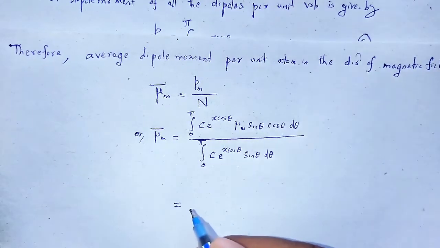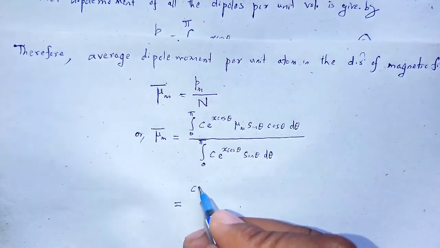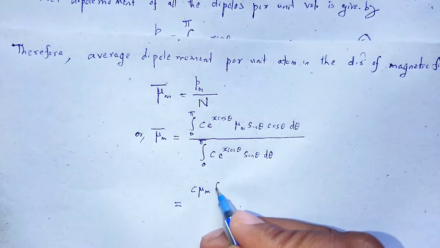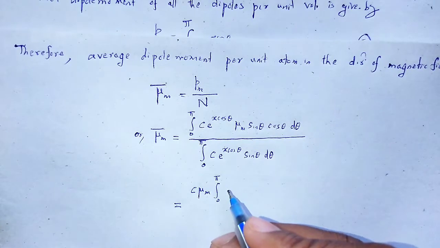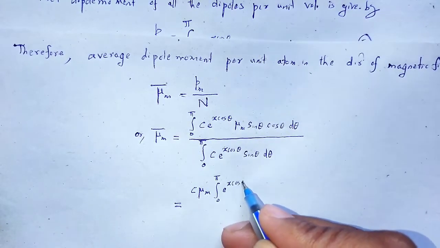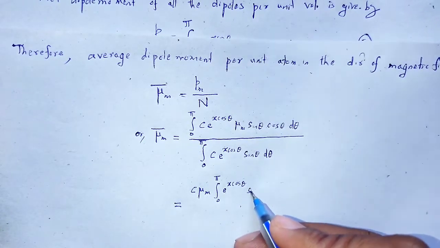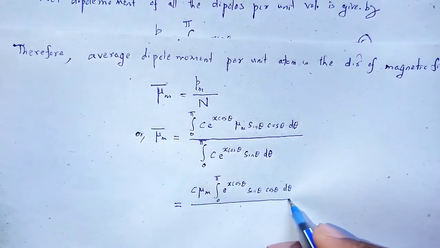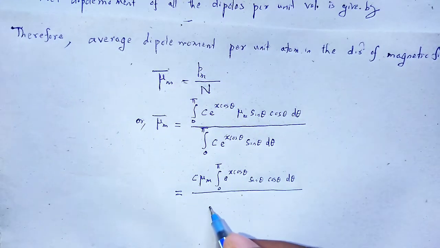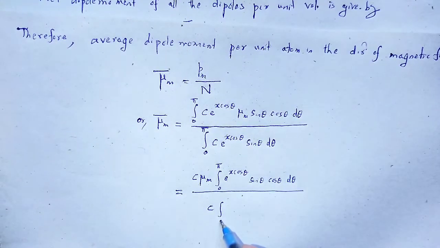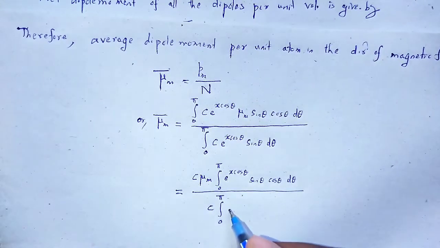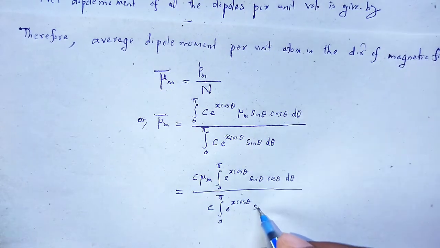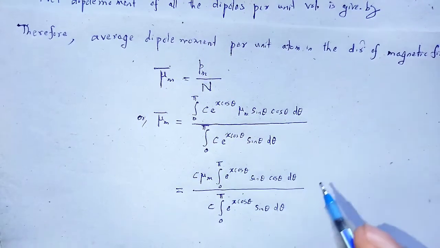This is equal to c mu m, constants outside, then the integration over 0 to pi of e to the power x cos theta sin theta cos theta d theta, whole divided by constant c outside, the integration over 0 to pi of e to the power x cos theta sin theta d theta.